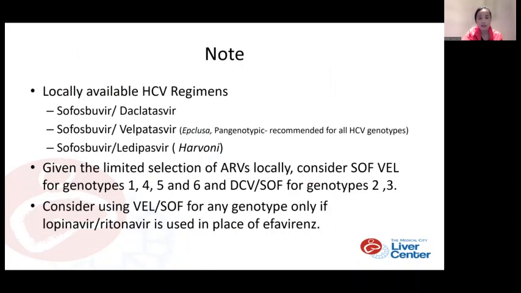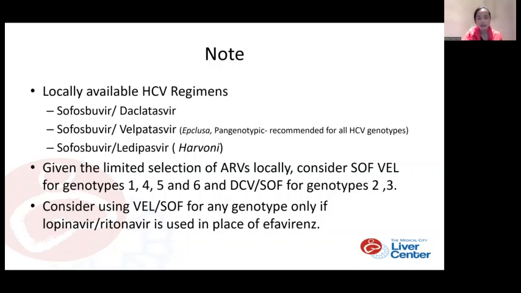Available in our treatment hubs is sofosbuvir, daclatasvir in some of our treatment hubs. Sofosbuvir, velpatasvir is available in the market locally, both in the innovator brand and the generic forms. I think there are some donated sofosbuvir, ledipasvir, or Harvoni still available in some treatment hubs.